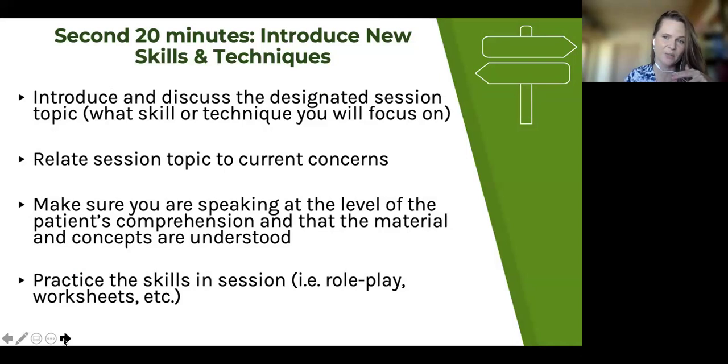You want to make sure you're calibrating your language to the education and the literacy level of the patient, and that you're constantly checking in to make sure that they have heard what you have said the way you expect them to. It's just so much information. It's a lot for them to integrate. You want to make it as accessible as possible. Part of how you do that during that second part of the session is practicing the skills in session. So that's a good comprehension check in itself.